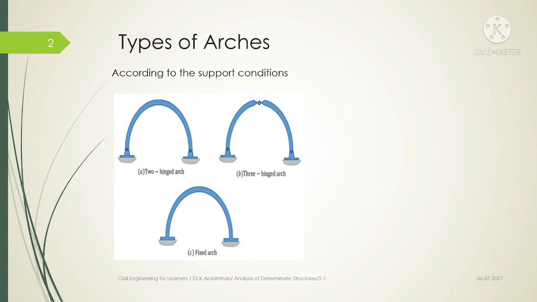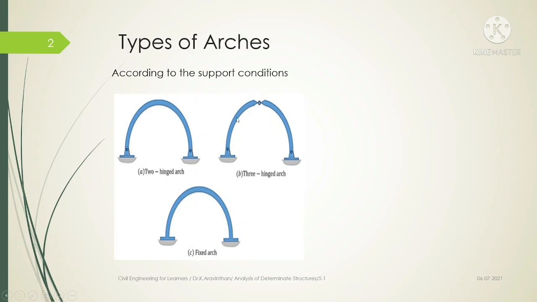The three hinged arch is named a statically determinate structure. In a hinged support you have two reactions, that is vertical and horizontal. In the same way you will have two reactions, vertical and horizontal, here. Additionally, if you introduce a hinge, what will happen? This support has two reactions, vertical and horizontal, and at the other end you will have a roller support.